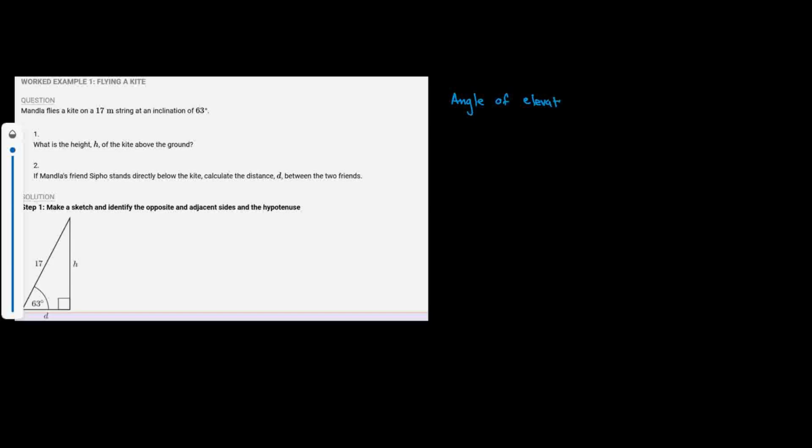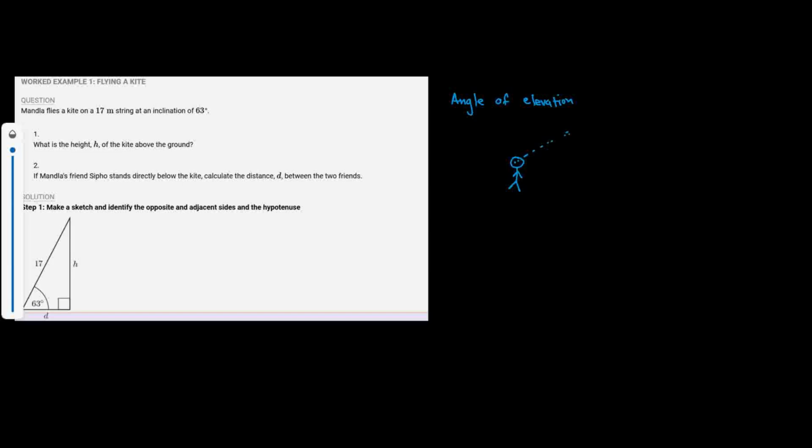I like the angle of elevation. It's like when somebody is very positive, they have their head up. So let's say a person is standing here and their head is up, looking up to the sky, whatever they may be looking at.